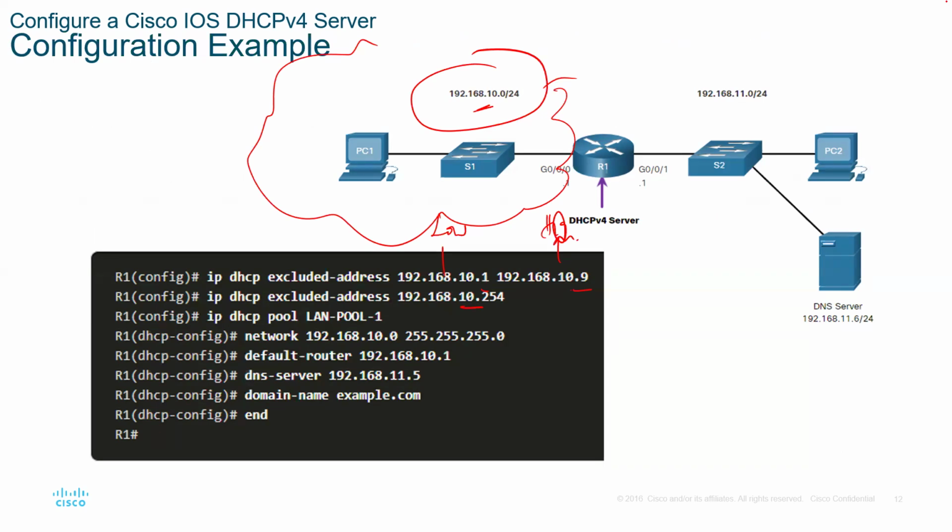Now, the excluded addresses obviously belong to this pool, but they will not be assigned to any devices because they've been excluded. So the pool, the network command, basically tells the server which network to use for the pool.